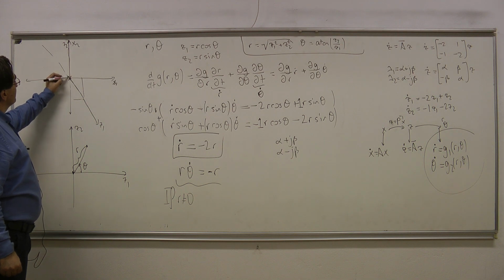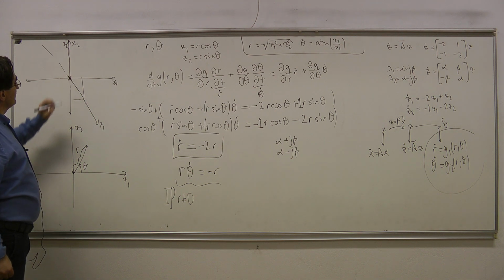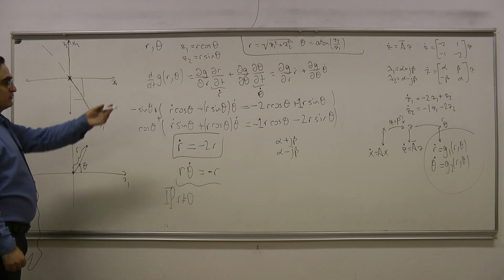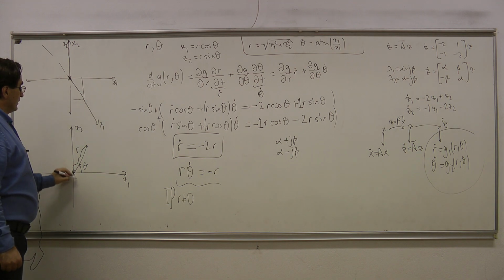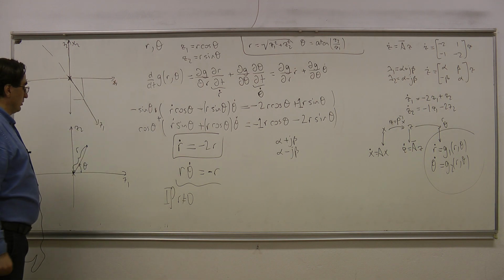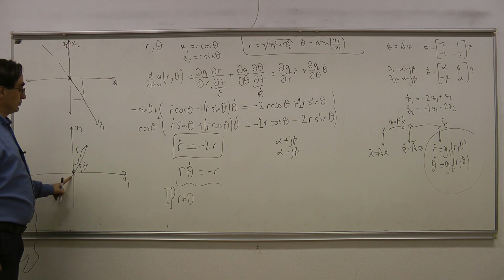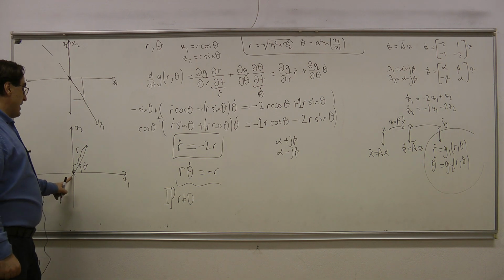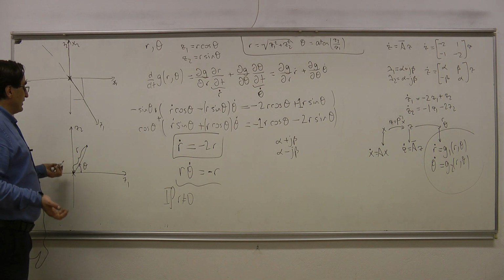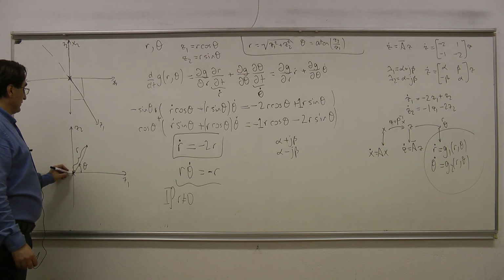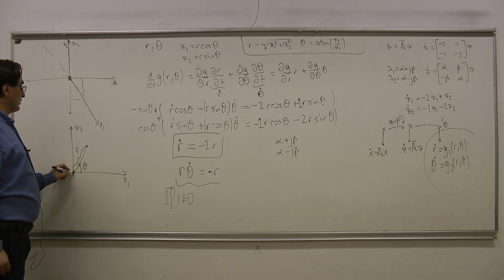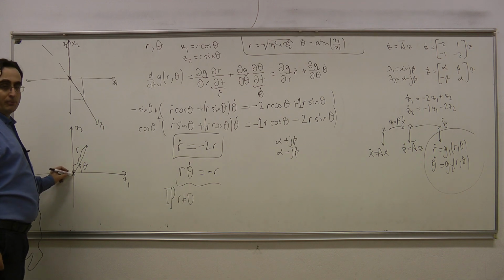That means that the original system has a single isolated equilibrium point at the origin, but since P is invertible, the Z system would also have a single isolated equilibrium point at the origin. And I know what the dynamics at the origin is. This point corresponds to R equals to 0, and this is an equilibrium point.